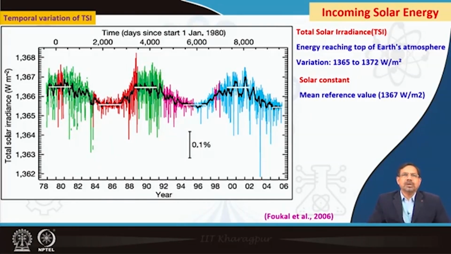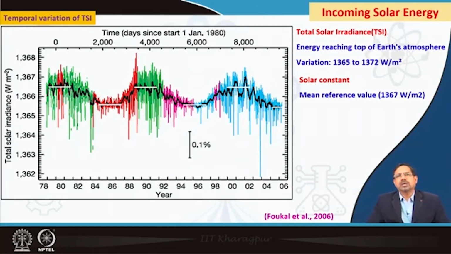In terms of the total solar irradiance, this particular figure says that the total solar irradiance, that is the energy from the sun which is reaching the Earth, or we say the top of the Earth's atmosphere, varies between 1365 to 1372 watts per meter square.